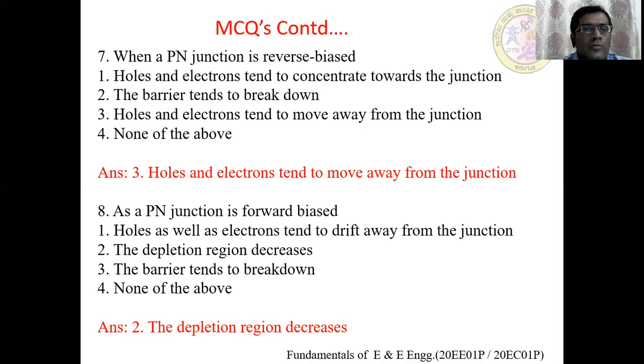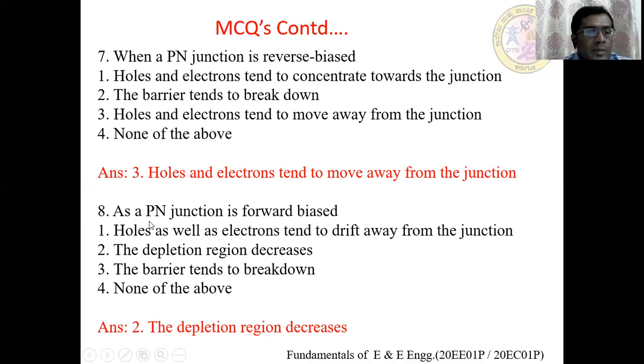When no current flows in the reverse bias condition, the diode will not conduct, and it will be in the off state. So the answer is option number 3: holes and electrons tend to move away from the junction.